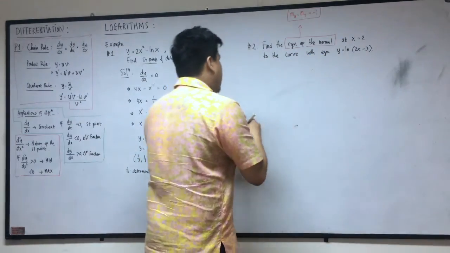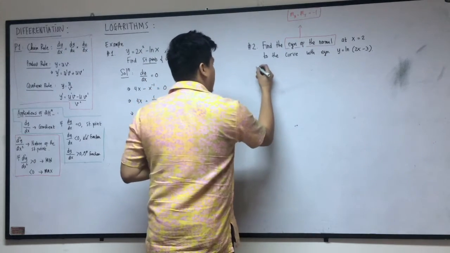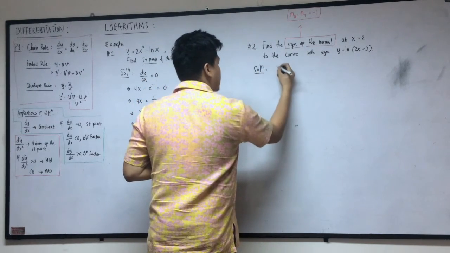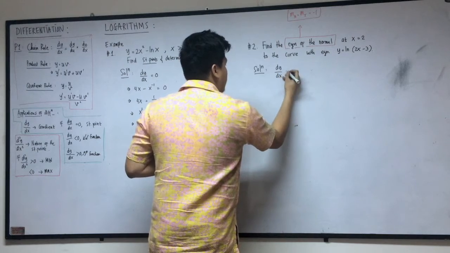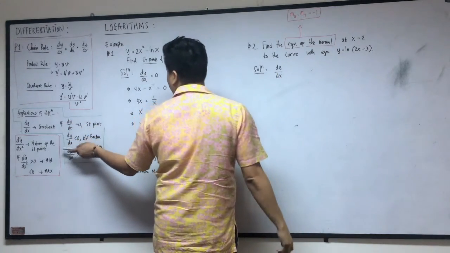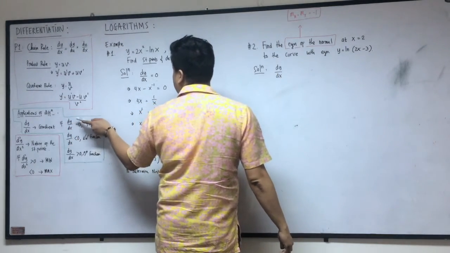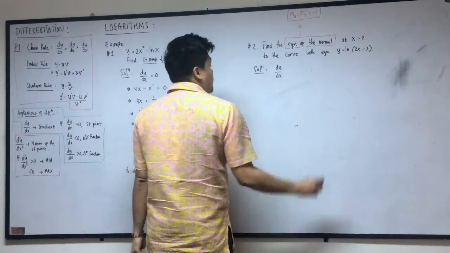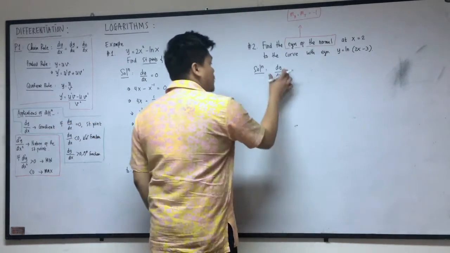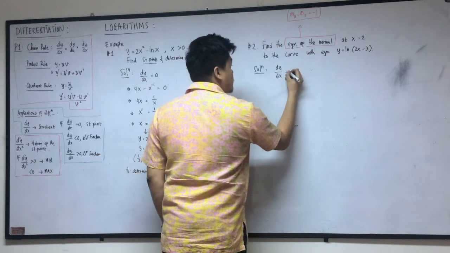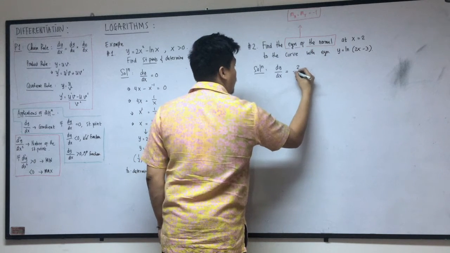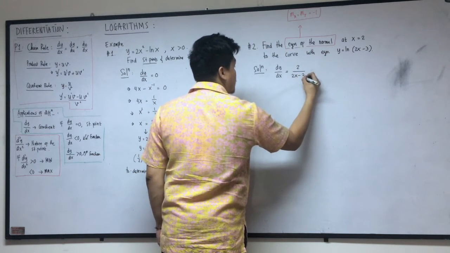So the first thing for us to do is to find dy/dx. Because according to our paper 1, dy/dx is your gradient, the gradient of the tangent line. So dy over dx equals 2 over 2x minus 3.